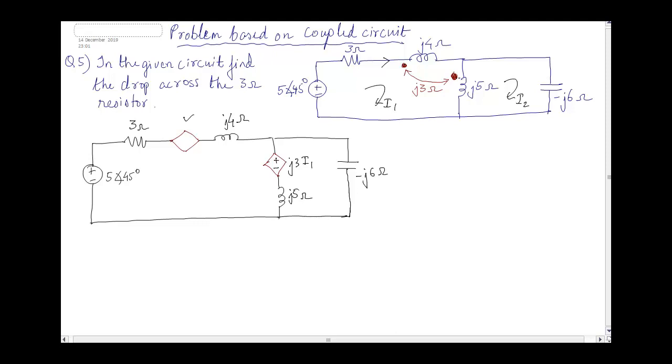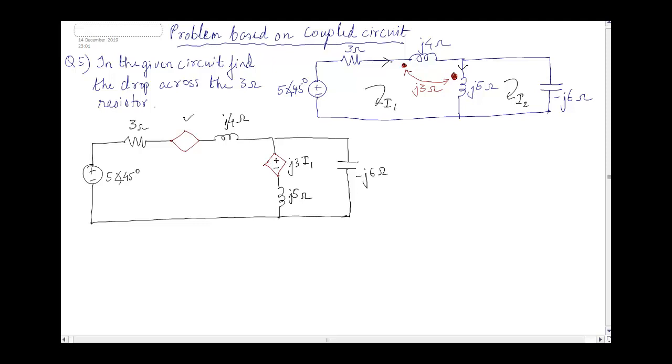Similarly, vice versa, here the current flowing downwards is I1 minus I2, and it is entering the coil J5 at this dot. So here it should be leaving the dot.